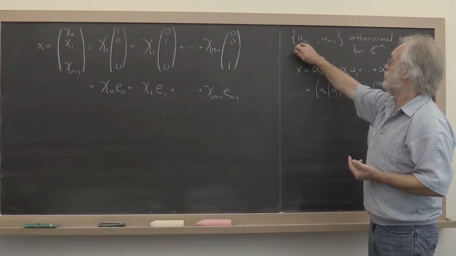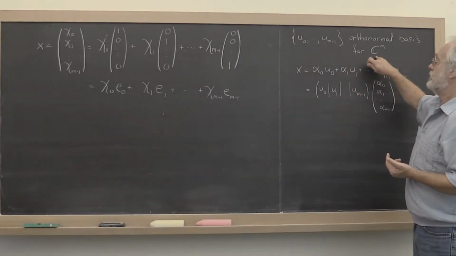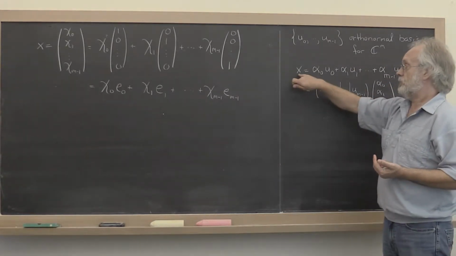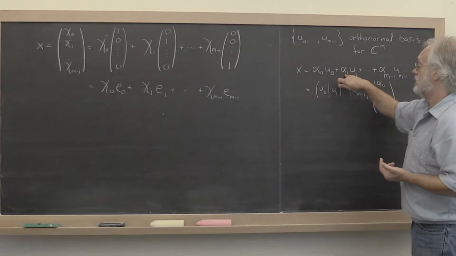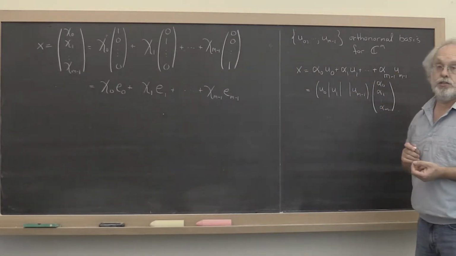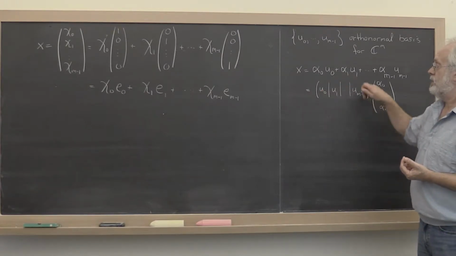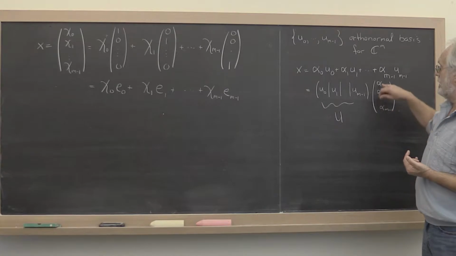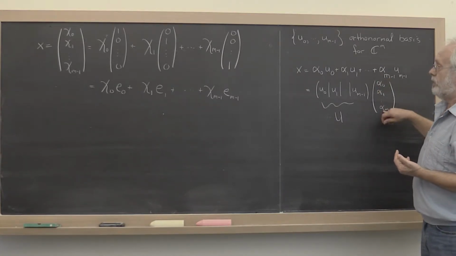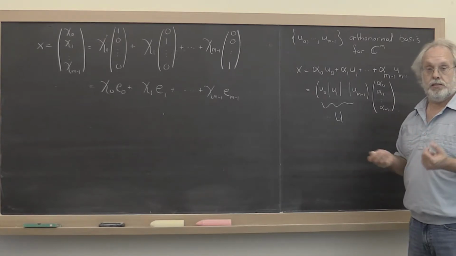Now, notice that if u0 through um minus 1 form an orthonormal basis for Cm, then you should be able to write x as some constant times u0 plus another constant times u1 and so forth, which of course we know we can write as the matrix U times a vector that are the coefficients for vector x, but now viewed in this new basis.